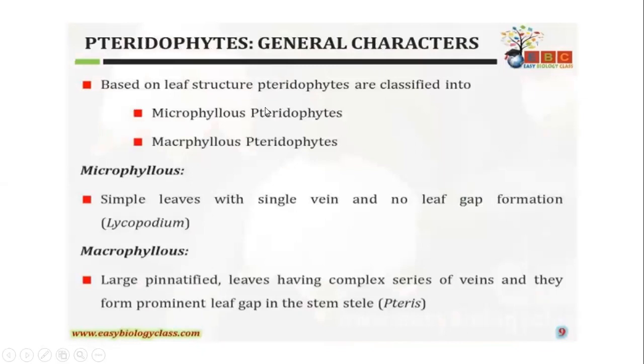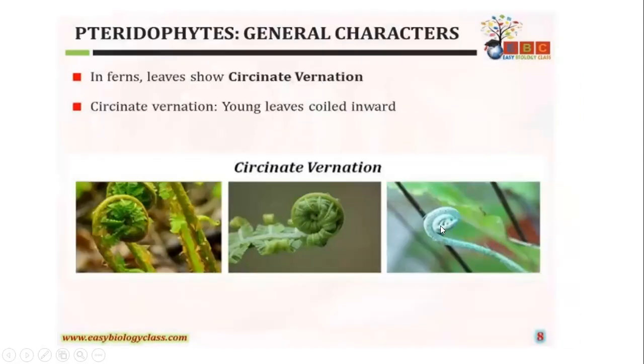Next, depending upon the leaf structure, the pteridophytes are classified as microphyllous and macrophyllous. Now, what are microphyllous pteridophytes? These are the group of pteridophytes in which the leaves are sessile and very simple with a single vein, and the leaves are very closely attached to one another without any gap between them.